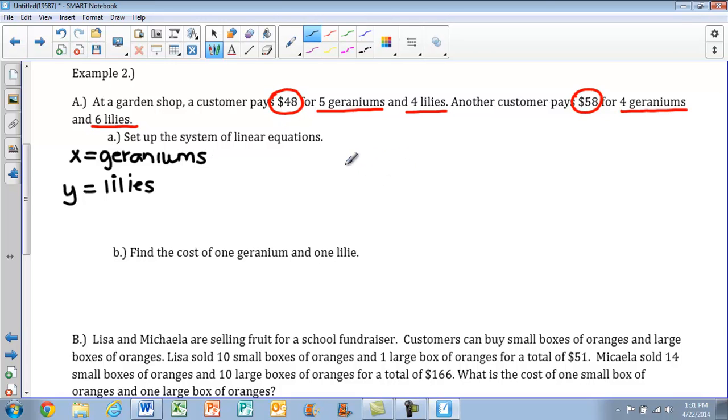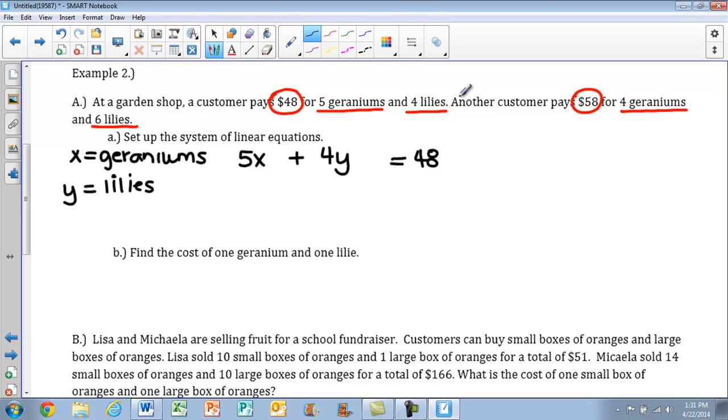So now we need to set up our system. The first person spent a total of $48 and they bought 5 geraniums and 4 lilies. So we're trying to find the cost of each flower.